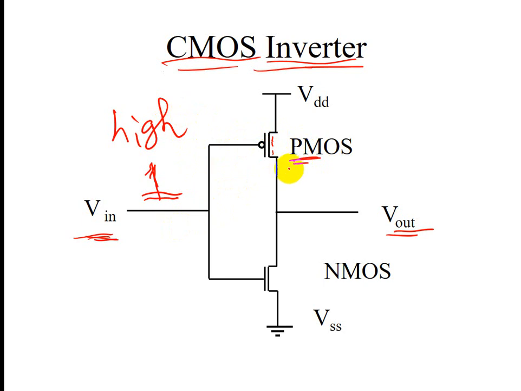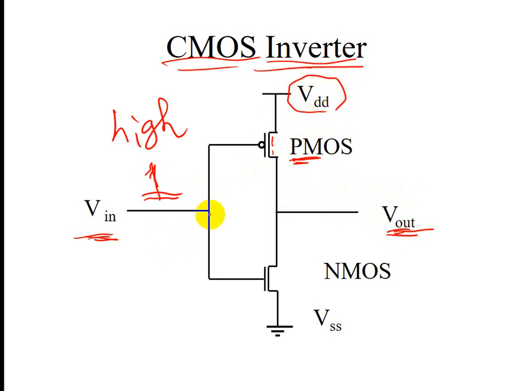You are supposed to have a P channel, but because you apply a high voltage, you actually create more electrons at the silicon wafer side. So you are not going to create a PMOS channel. So this is not going to be connected, current not going through. So at V out we are not able to read the signal from here.